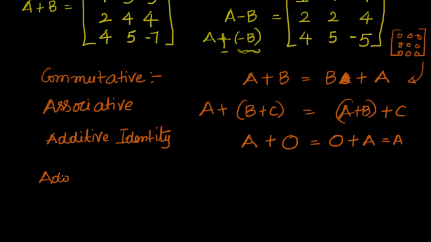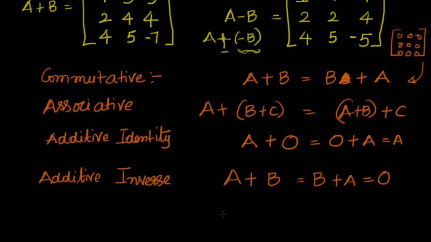Additive inverse. Additive inverse means the matrix which if I add to A will make it 0. A plus B is equal to B plus A equal to 0. Then B, which is equal to minus A, is called the additive inverse.